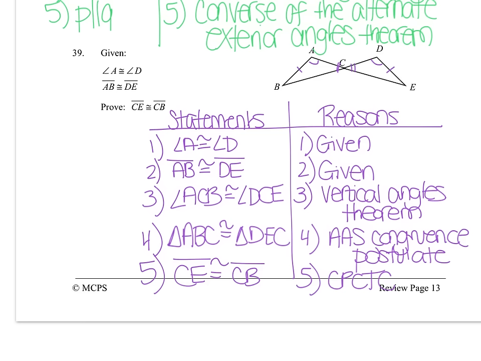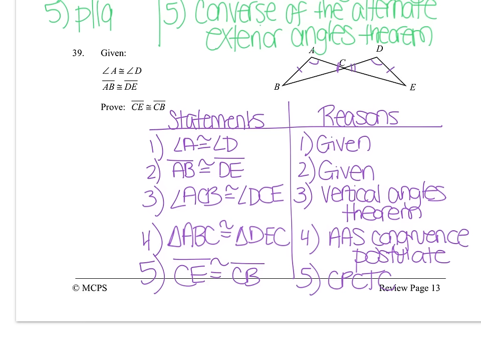Question 40 says, given C is the midpoint of BE, AB is congruent to DC, AB is perpendicular to BE, DC is perpendicular to BE, and we need to prove that angle A is congruent to angle D. Well, basically what we need to do is prove that these two triangles are congruent.